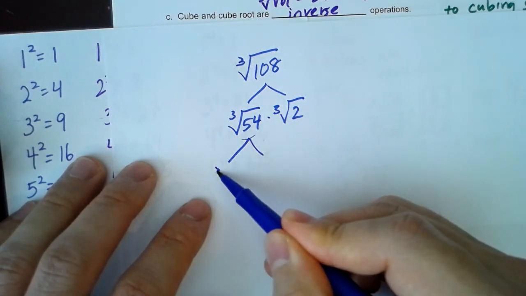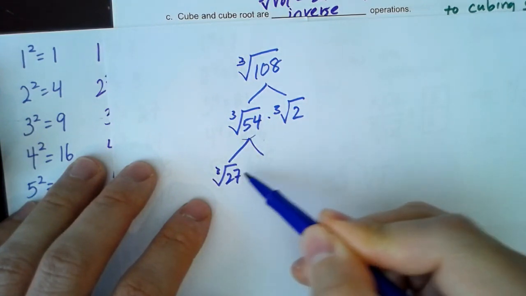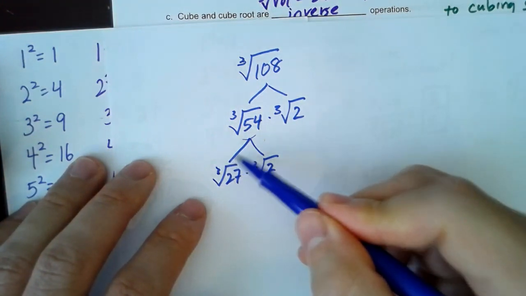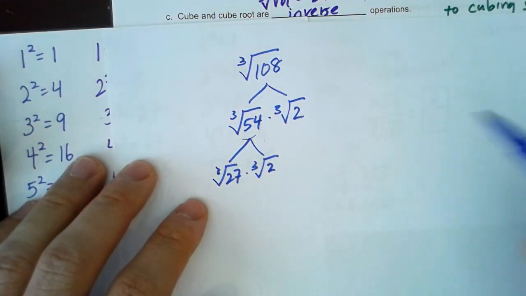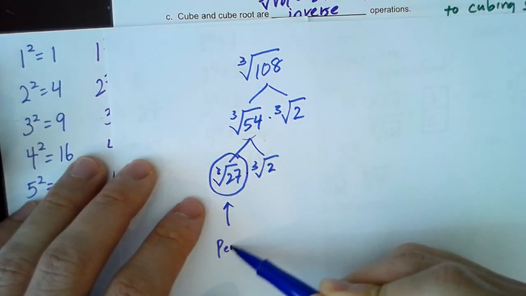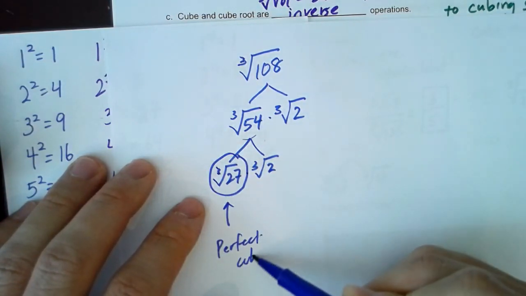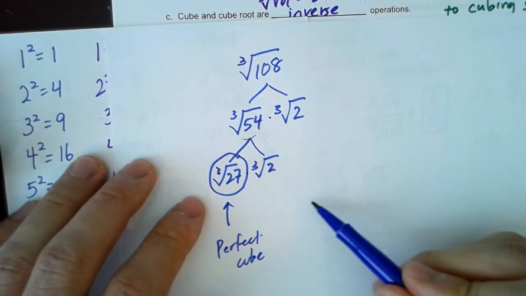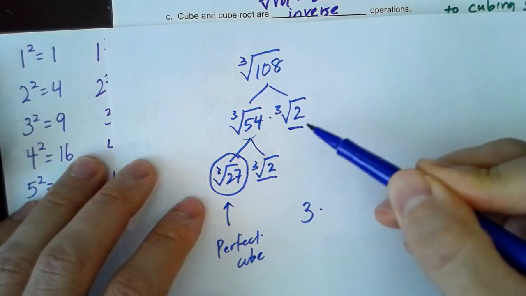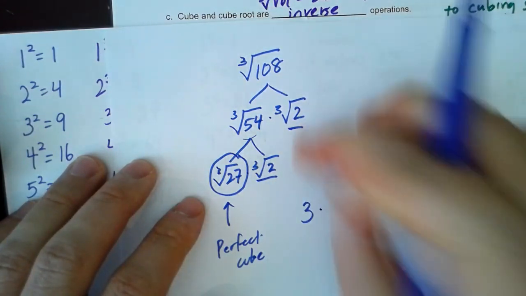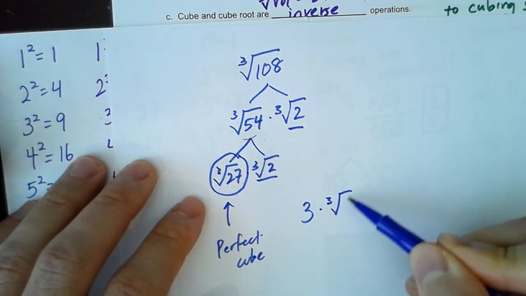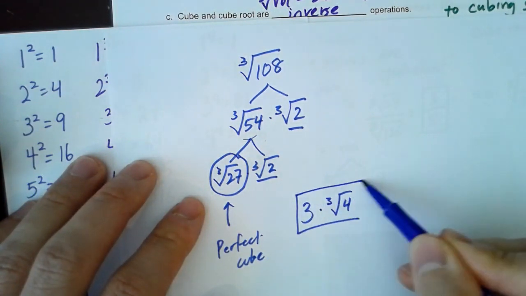And you would get this as 27 times 2. And you could keep going with the 27, but you realize, wait a minute, this is a perfect cube already, right? We know that the cube root of 27 is simply just 3. And then you have to combine the remaining cube roots, and you'd say the cube root of 2 times the cube root of 2 is the cube root of 4. And that's your final answer.